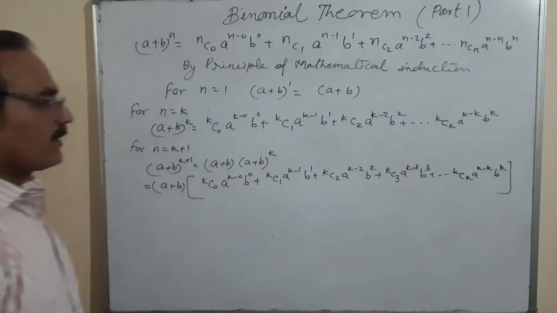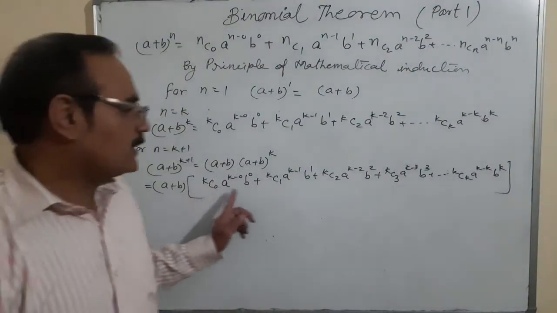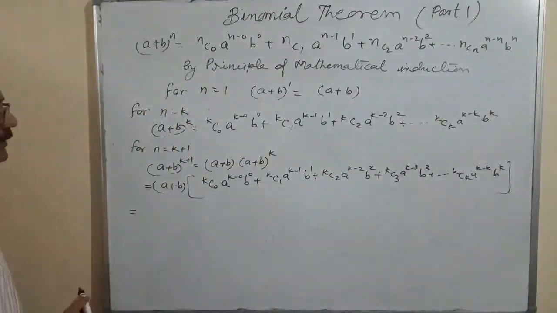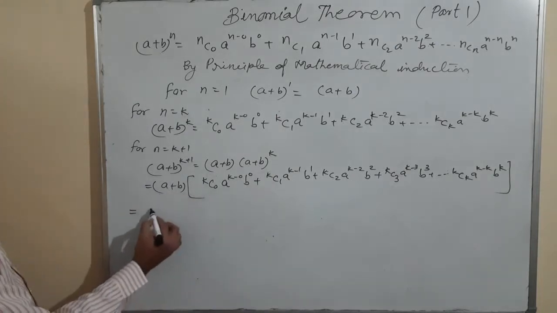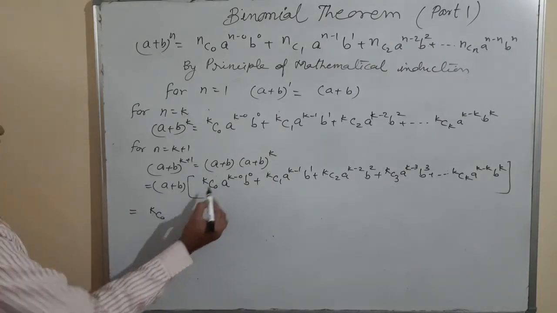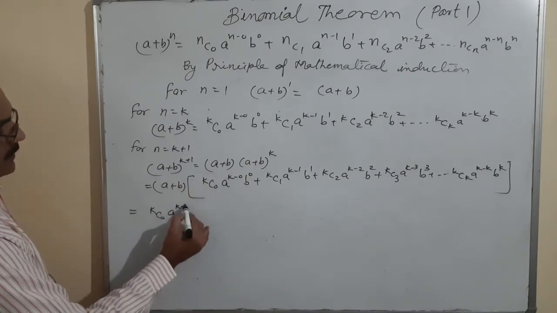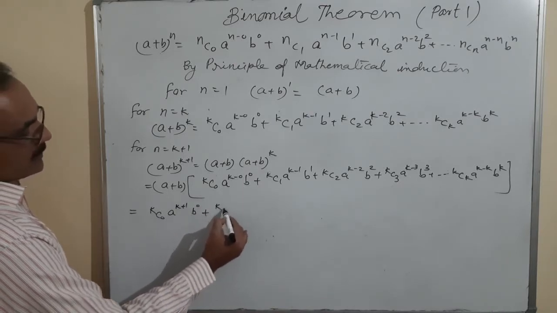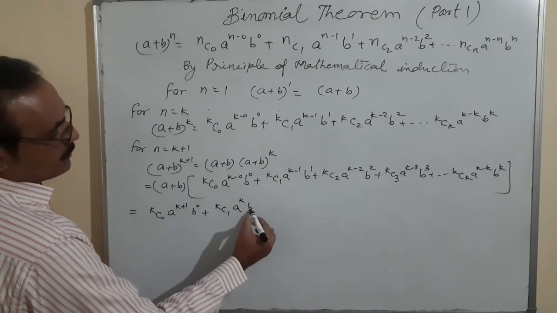Okay. Now what I am going to do, we are going to multiply this expansion by a and then by b. So first I am multiplying it by a. So it is coming kC0 a to the power k plus 1 b to the power 0. Plus kC1 a to the power k minus 1 plus 1, that is k, b to the power 1.